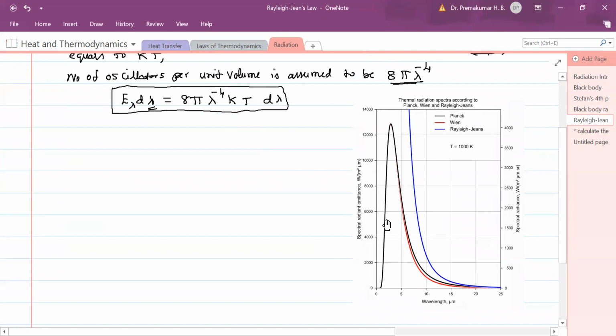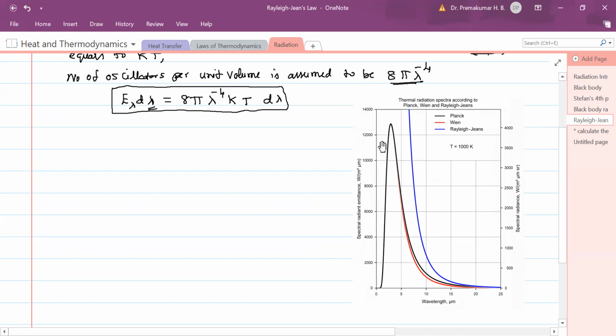Check out Wien's law, in the region here it's exactly matching, but see what is happening here. At least you can say these two are almost nearby. Somehow Rayleigh-Jeans law could match the exact experimental curve at higher wavelength. Means at lower wavelength, you can say there is a disaster for Rayleigh-Jeans.